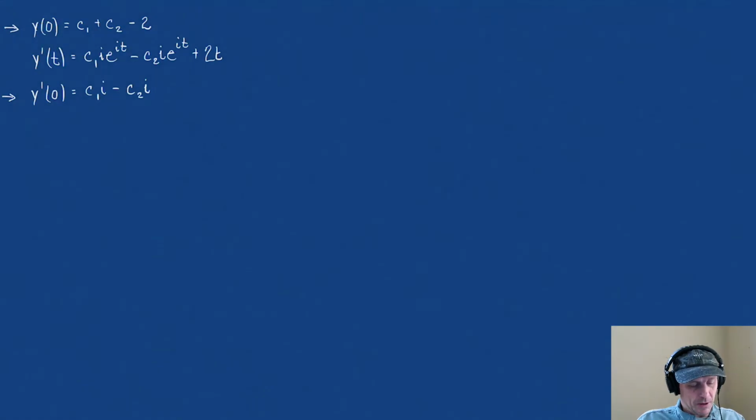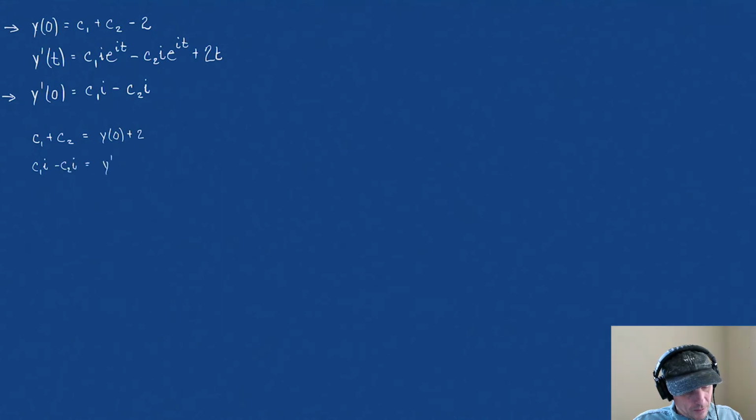Let's solve this problem. So we want to solve for our c1s and c2s. I'm going to rewrite my equation like this. I'm going to write it as c1 plus c2 equals y of 0 plus 2. Okay, and my next one is going to be c1 times i minus c2 times i, and that's going to equal my y prime of 0.